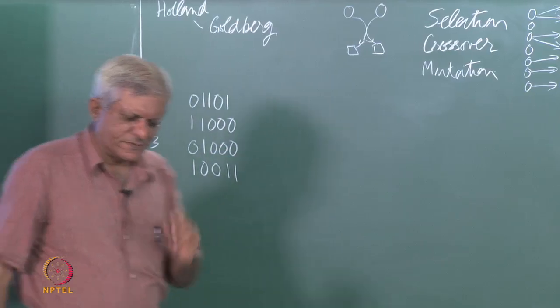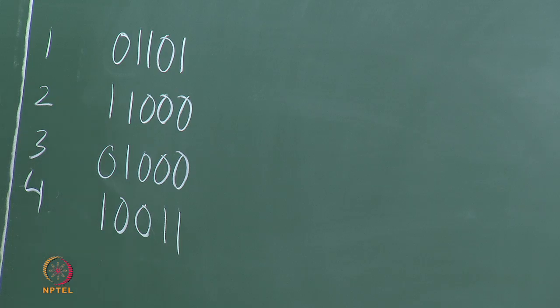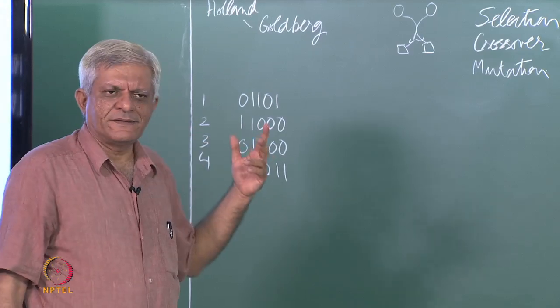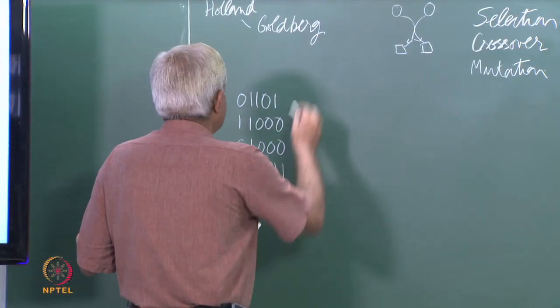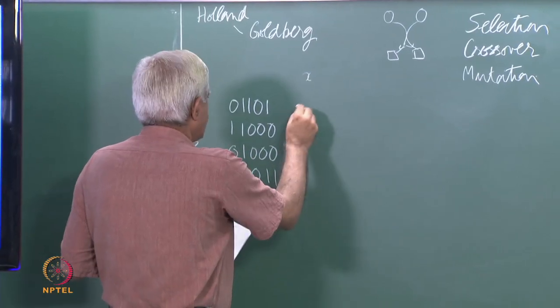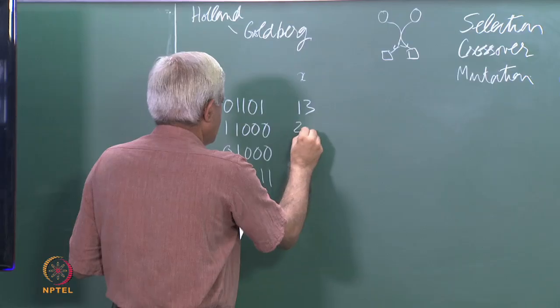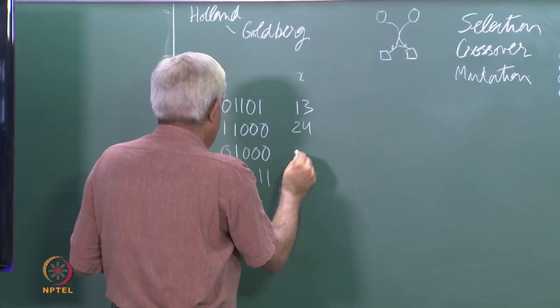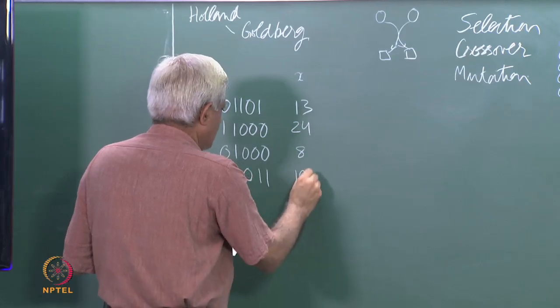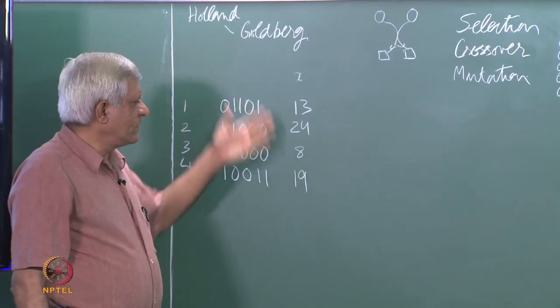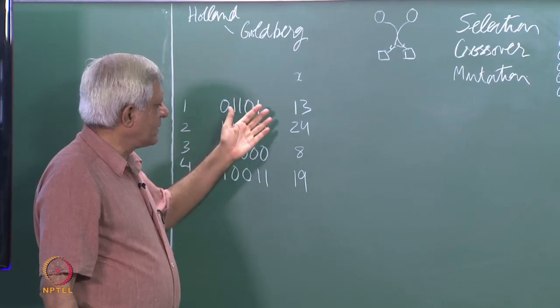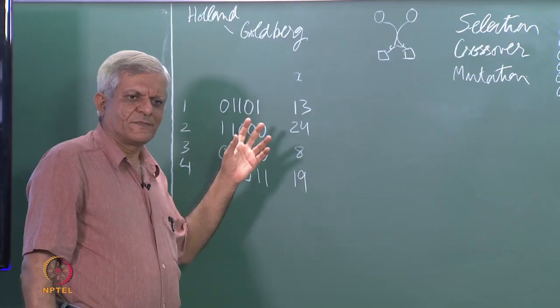I have a small population of size 4, and these are the 4 candidates represented as bit strings, and let us say that we interpret them as binary numbers, which means that this is 13, this is 24, this is 8 and this is 19. So, essentially these are the candidates, but this is their representation. So, we have these 4 numbers: 13, 24, 8 and 19.